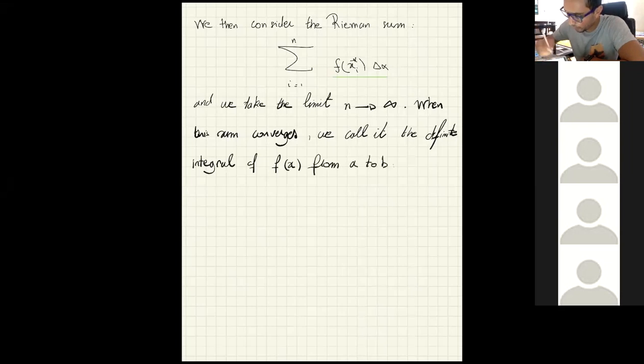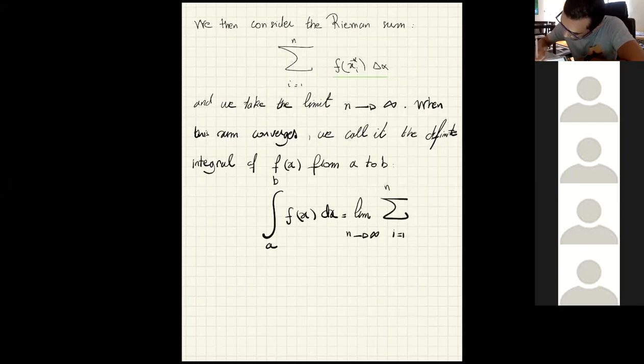And then we use the notation: the integral from a to b of f(x) dx is the limit when n goes to infinity of the sum from i to n of f(x_i star) delta x.